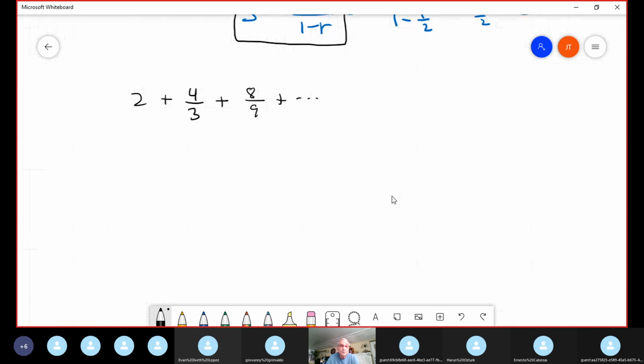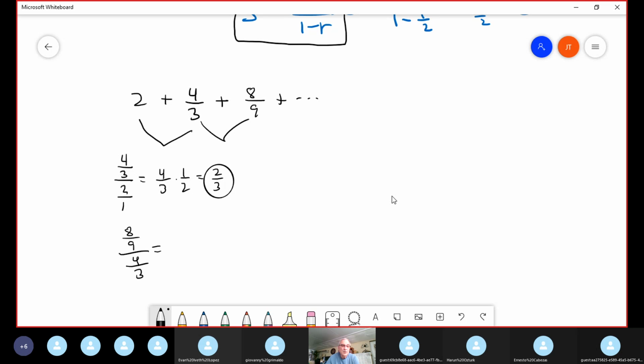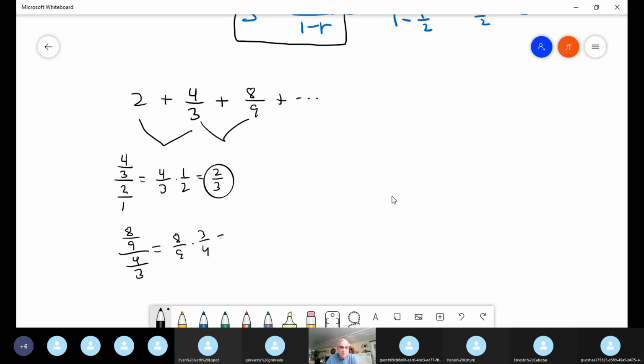Okay, let me try. To find if it is geometric, you divide this by this. 4 over 3 divided by 2 over 1. 4 over 3 times 1/2 is 2/3. Let's do it one more time. 8 over 9 divided by 4 over 3 is 8 over 9 times 3 over 4.